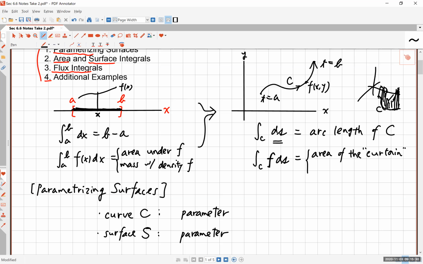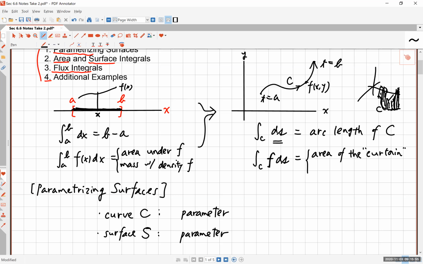Or the other analogy I used, which I think is very helpful, is to imagine a bunch of Lego pieces stacked up on top of every point x, y on this curve C, and this integral is basically adding up all those numbers of Lego pieces, and so it'll give you the total number of Lego pieces on top of this curve C, right?